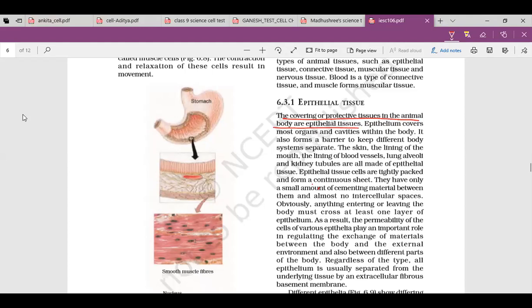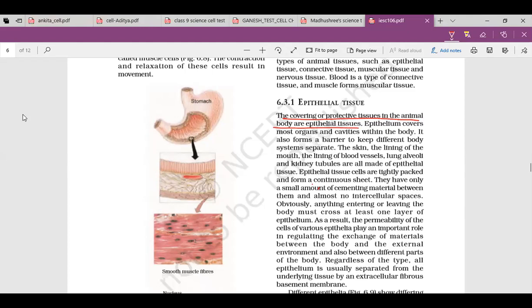Epithelium covers most organs and cavities within the body. Cavities are those holes in which organs are placed. You have heard the word chest cavity, abdominal cavity.